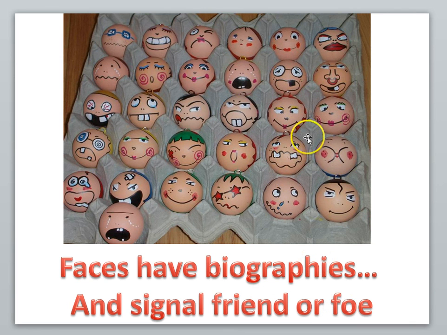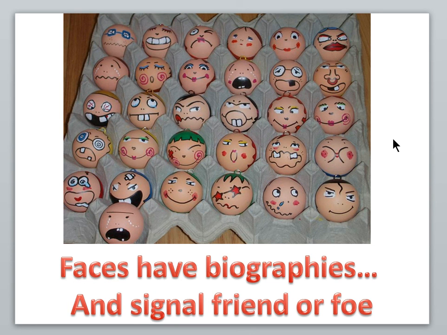So faces have a huge amount of information. They can tell us identities, and we can access information about these individuals. We can approach them or avoid them based on their alliances and shifting coalitions. Emotional expressions tell us about current states of individuals.